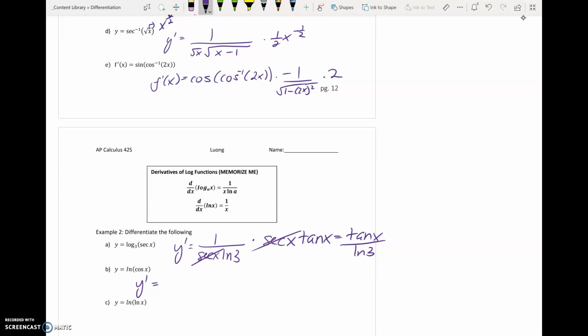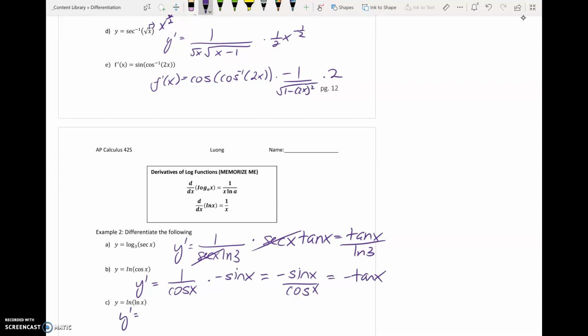So in this case, the derivative of ln of cos x is 1 over cos x. And then we'll take the derivative of cos x, which is negative sine x, according to our chain rule. To simplify this, you're going to get negative sine x over cos x, which is the same thing as saying negative tan x.